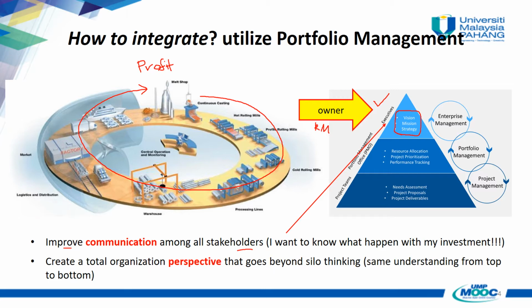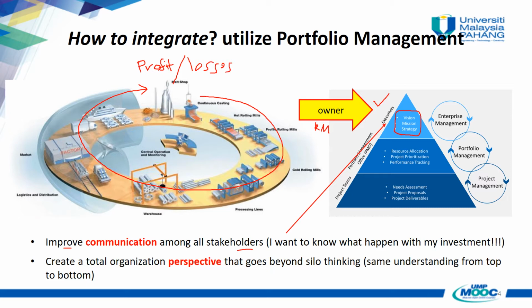If I invest 100 ringgit today, I want to know whether my 100 ringgit next year is still 100 ringgit, or becomes 110 ringgit or 120 ringgit, or the 100 ringgit depreciates to become 90 ringgit or 80 ringgit. We call those losses here. If we get more money, we call it profit. If we are losing or depreciating, we call it losses.